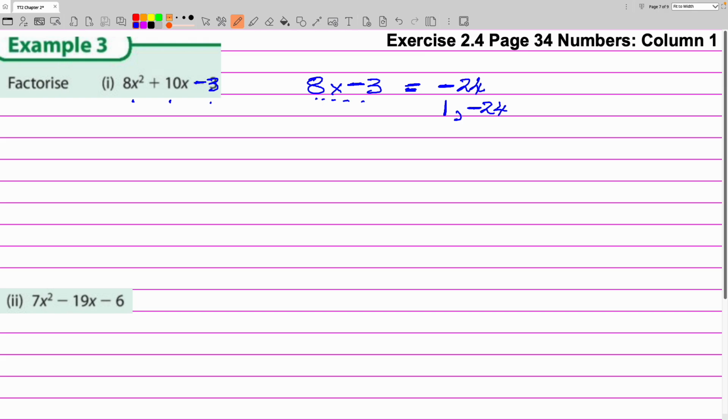So just focus on 24. 2 and 12, but the second one must be a minus because there's a minus in the question. 3 and 8, but it must be a minus because there's a minus in the question. 4 and 6, but it must be. And it always works. And the trick is, check before you go on.